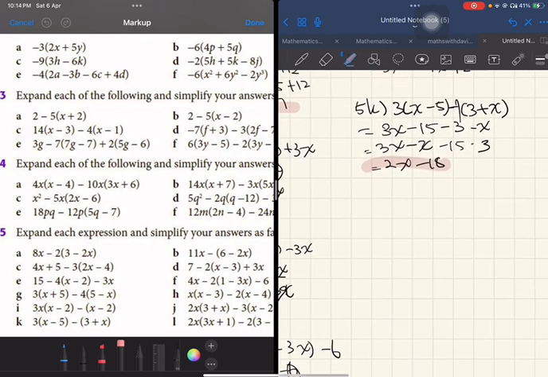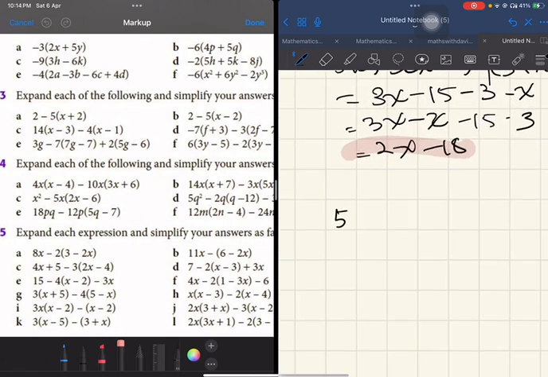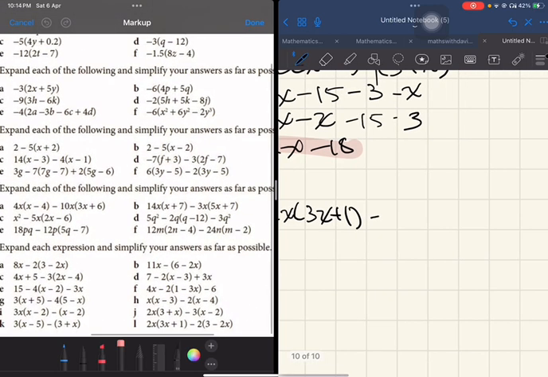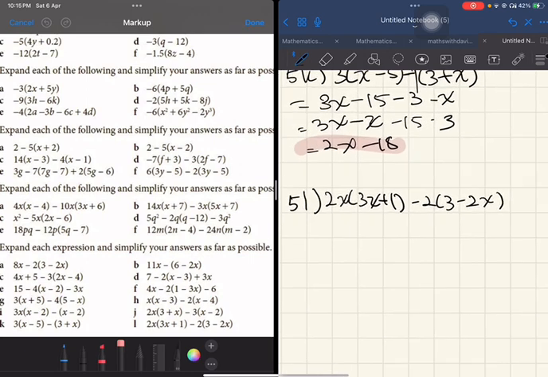Okay, now for the last question, 5L. 2x, wait, sorry, 2x times the bracket 3x plus 1, then subtract 2 times the bracket 3 minus 2x.